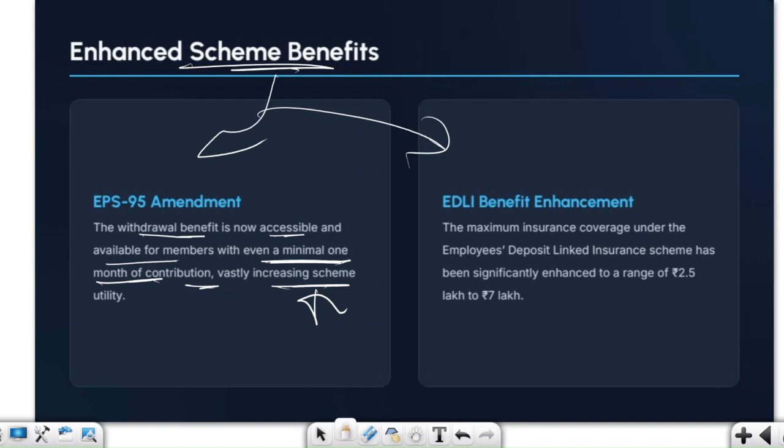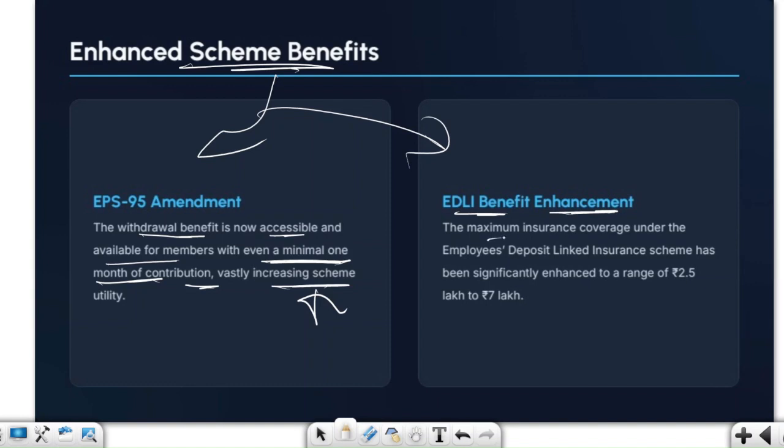So see here what is happening, we are saying that okay, here the withdrawal benefit is also based on a shorter contribution period rather than requiring the old long minimum contribution period for that particular benefit. For example, A works in an EPFO covered establishment for a short period. Now here you will see that basically they can even after 1 month of service withdraw the amount.